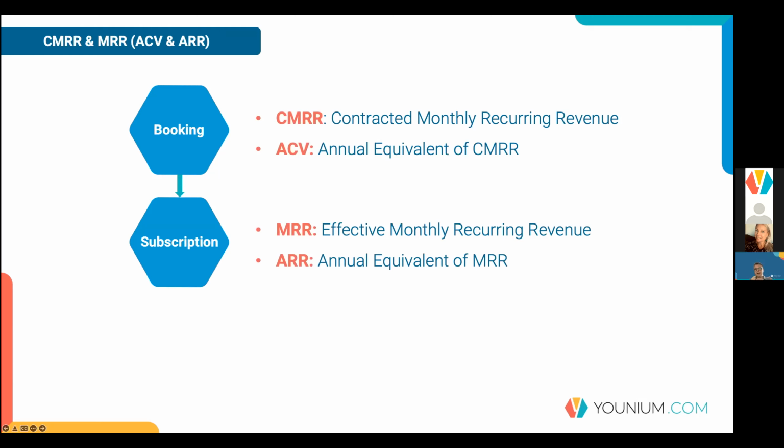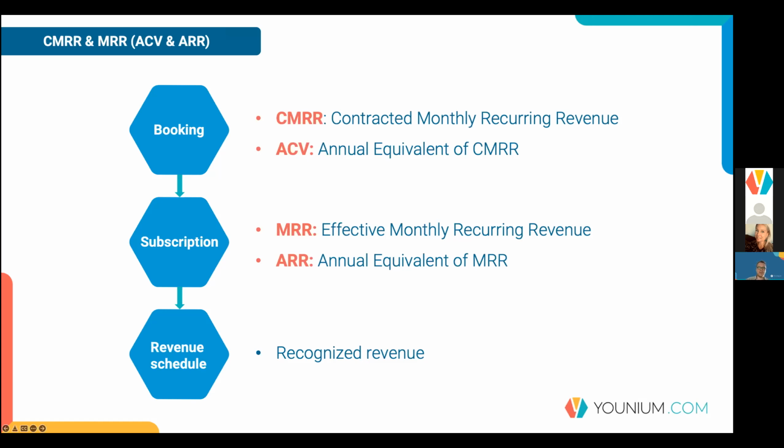These are the booking and subscription metrics. And after that, it comes more into the part of the financial reporting. Then the next step is to send invoices and defer the revenue and recognize the revenue and so forth in your actual books, right?